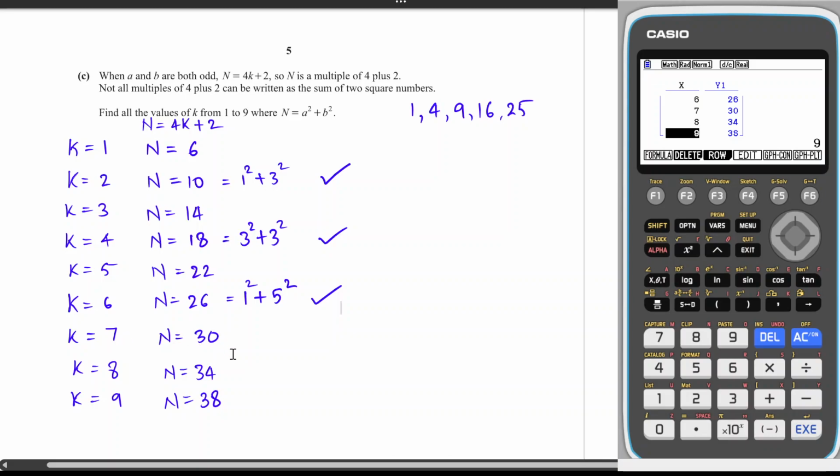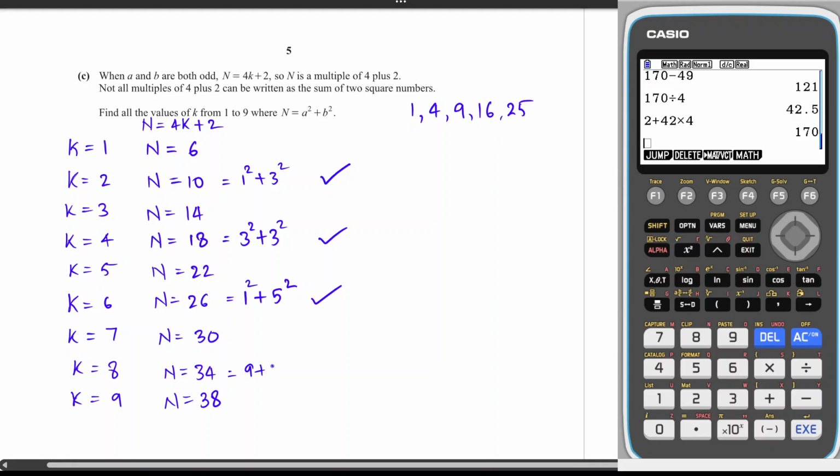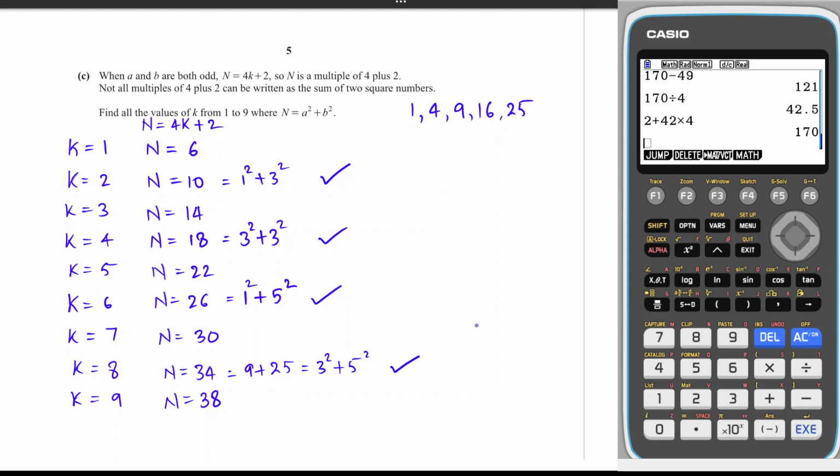And then 30 again, 1 plus 29, 29 not a perfect square, 4 plus 26, 9 plus, no, so this is also not going to give me. You can just use your GDC if you wish, but this is more of mental calculation. And then 34, 9 plus 25, which is 3 square plus 5 square. So this is another one.